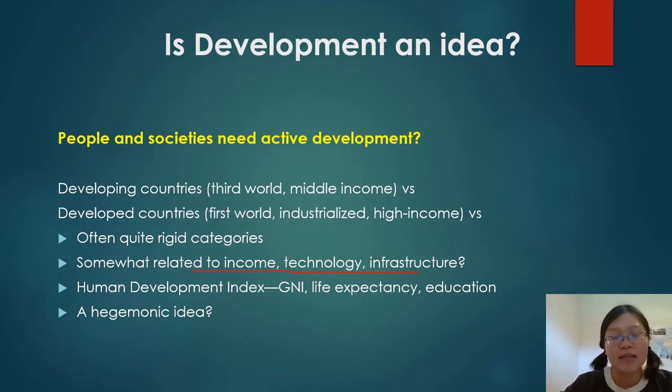And in the last 3 decades, another very common development indicator is the Human Development Index, which basically comprises the GNI, the gross national income, life expectancy, and education. This is a little bit better than just referring to income, because it talks about how long one lives and how much education one pursues.